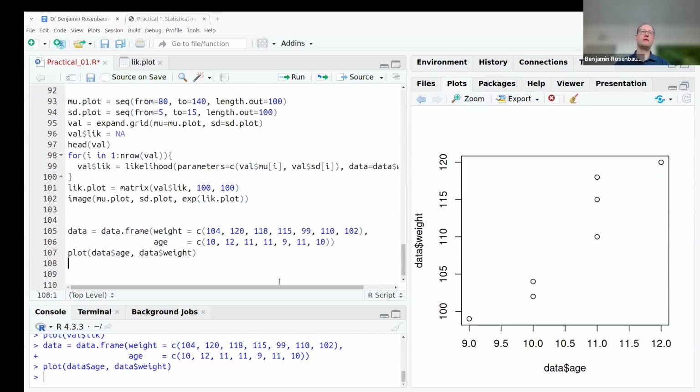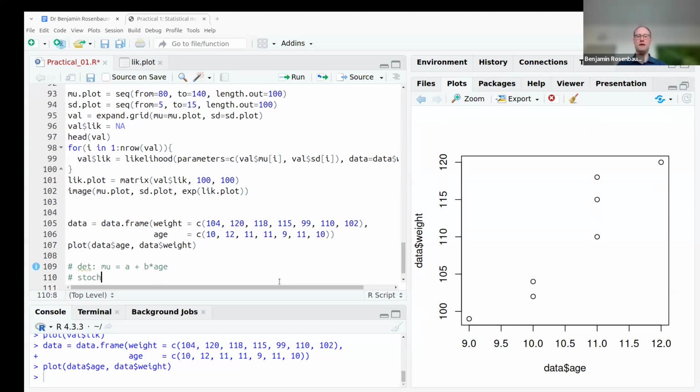So what is the statistical model here? The deterministic part: here we have our mu, which is some parameter a, which is the intercept, plus b times age.